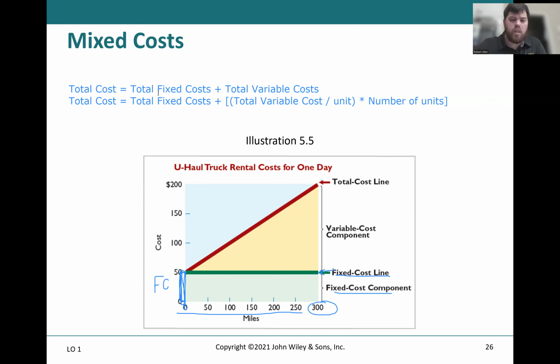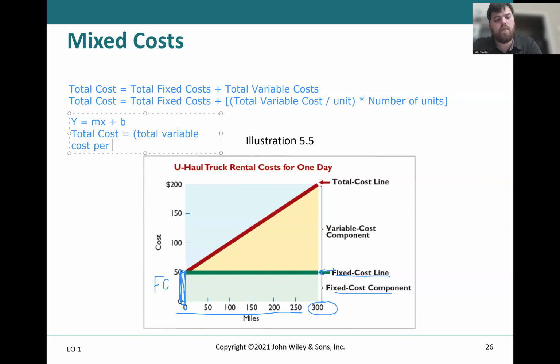Okay. So in other words, if you think back to, say, algebra 1, we learned that the equation of a line is y equals mx plus b. And we said that in this case, Y will be total cost, M will be the total variable cost per unit, times X, in this case the number of units, plus B, that's my total fixed cost.